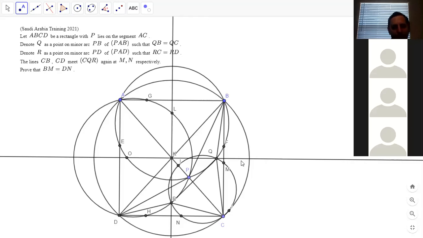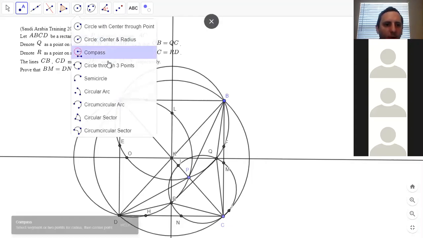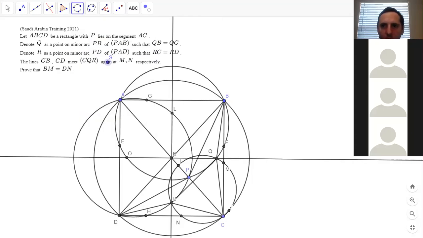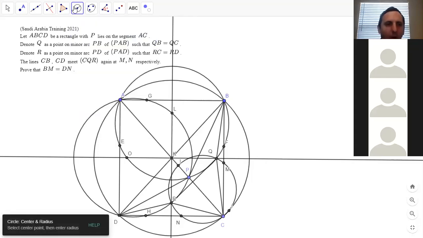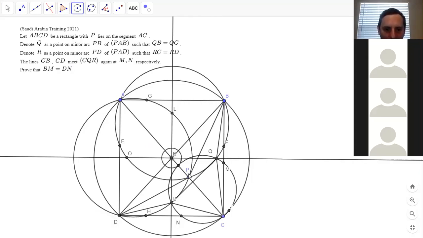Yes. And if we use the inversion centered at K with ratio KQ squared, C will become P, right? And the circle through ABCD will become the circle with center K passing through P. The big circle will become that circle, right?